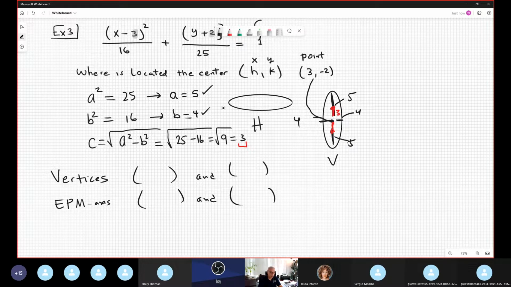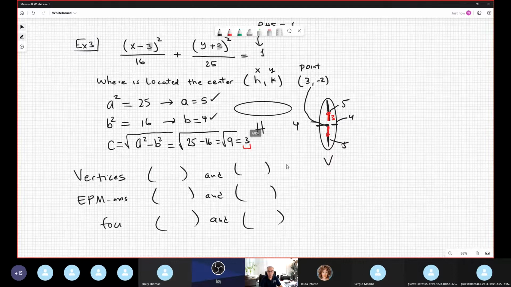Okay, and one more, the foci, we have 2 also. So the information that we need is A, B, C and H and K. End of the story. Let's do it.